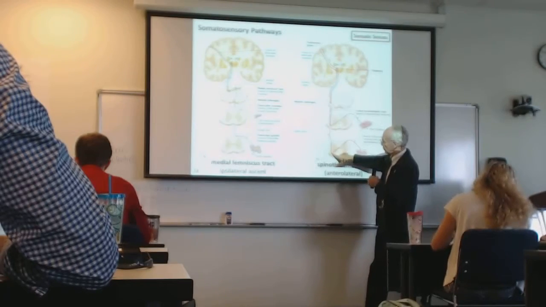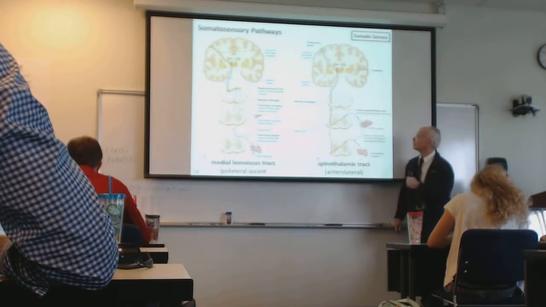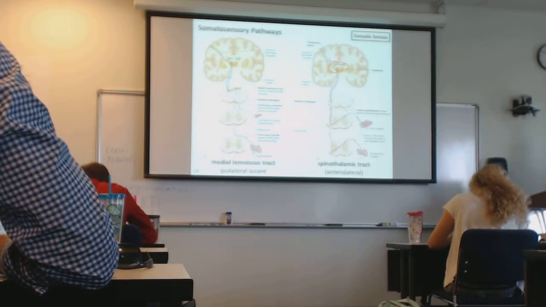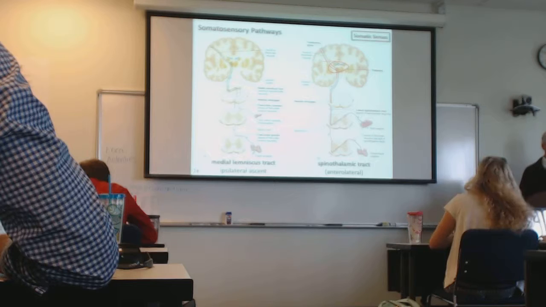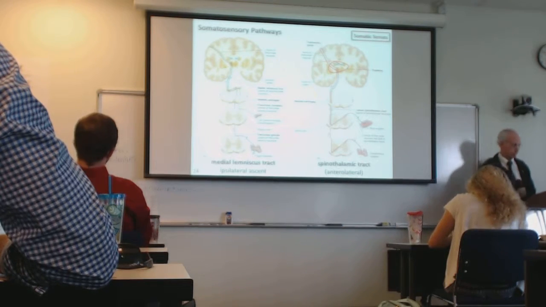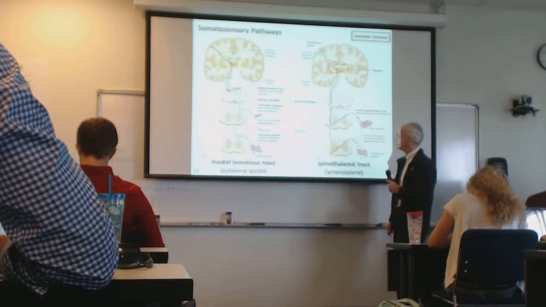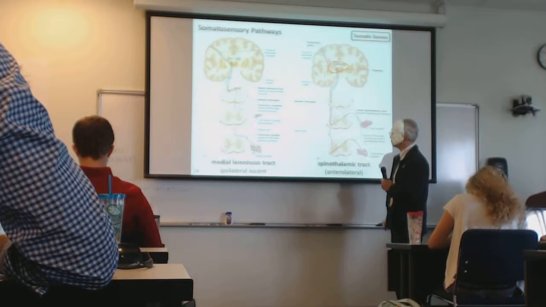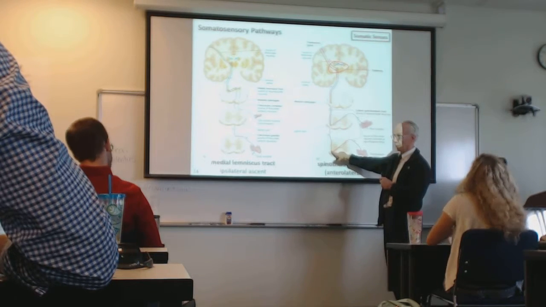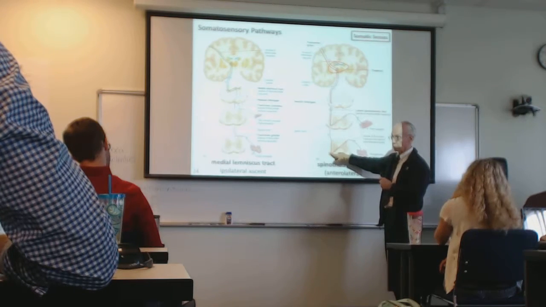And then that second neuron carries the signal, and you tell me, where does it terminate? Yeah, in the thalamus. There's no synapse in the medulla. Does the second neuron, when it decussates, stay inside the gray matter? Well, this is not really gray matter. This is actually a white matter tract. They're showing that it's going out to that anterolateral system.